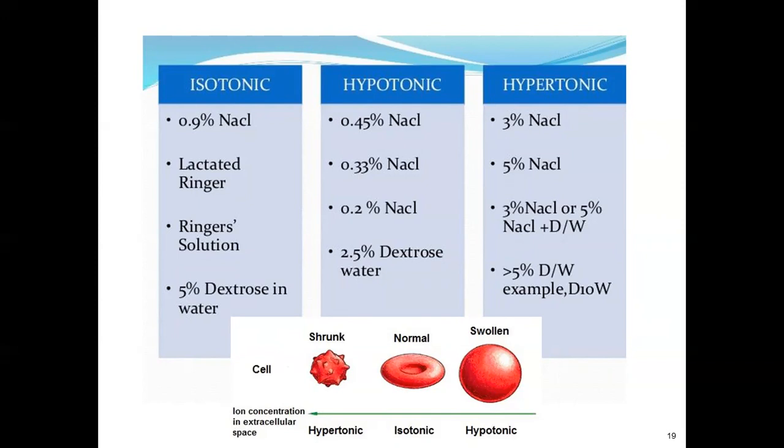So when you put the red blood cell in hypertonic solution, this will cause the water to move out of the red blood cell and cause the cell to shrink.